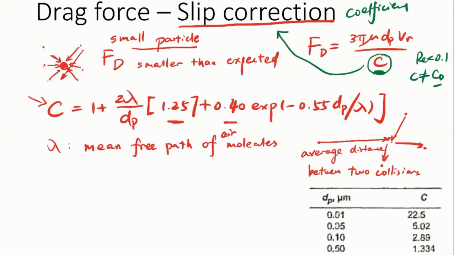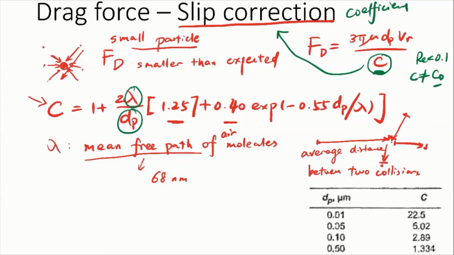For example, it's the distance from here to here, from here to here, and then we average them all. So that's the mean free path. In the air, under normal conditions, this mean free path is around 68 nanometers. So basically, the molecules can travel along a straight line for 68 nanometers until they collide with the next air molecule. In this equation, when we calculate the slip correction factor, we compare the relative magnitude between the mean free path and the particle size.